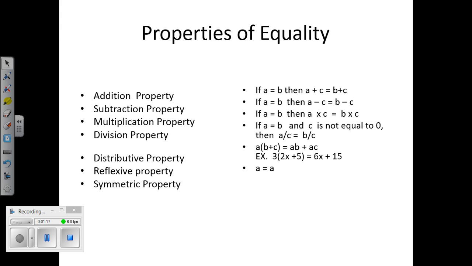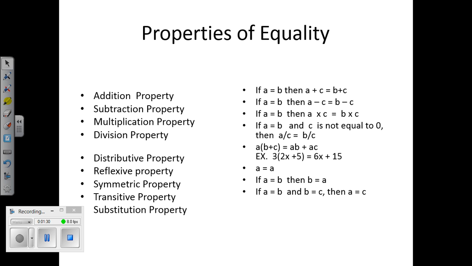We have a symmetric property which says if A is equal to B, then B is equal to A. We have a transitive property which says if A is equal to B and B is equal to C, then A is equal to C. And we have a substitution property which we'll see examples of with some of the outline proofs that we're going to show in this video.